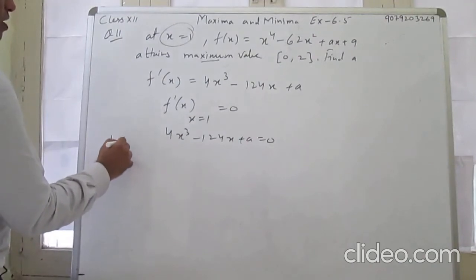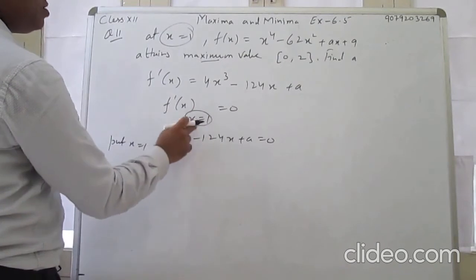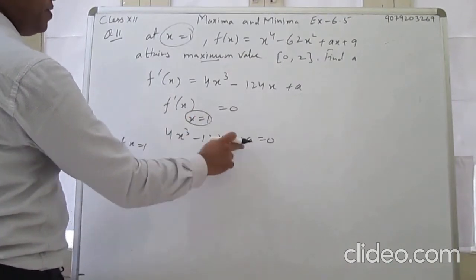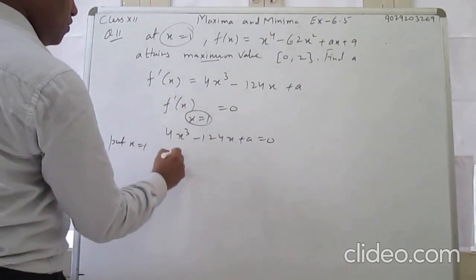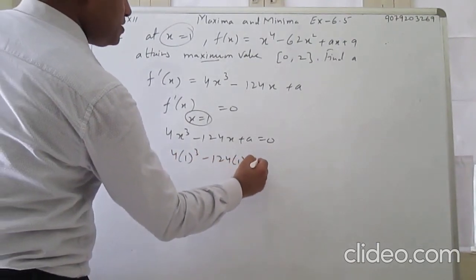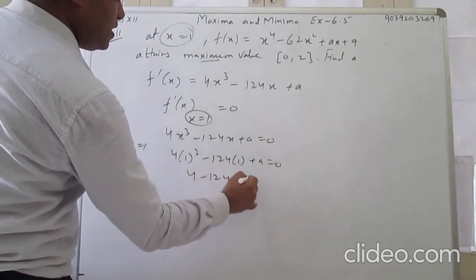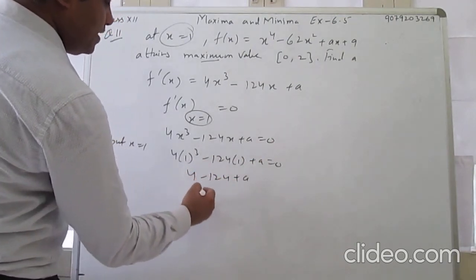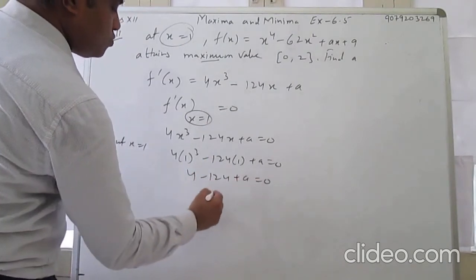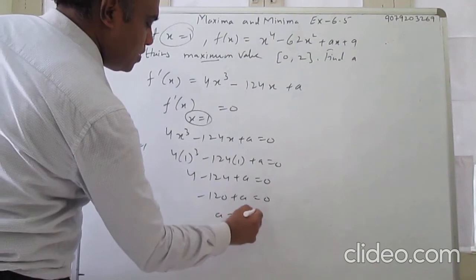Put x is equal to 1 because at x is equal to 1 it attains maximum value. It is a critical point. So 4 into 1 cube minus 124 plus a, it is equal to 0. Minus 120 plus a is equal to 0. So a is equal to 120.